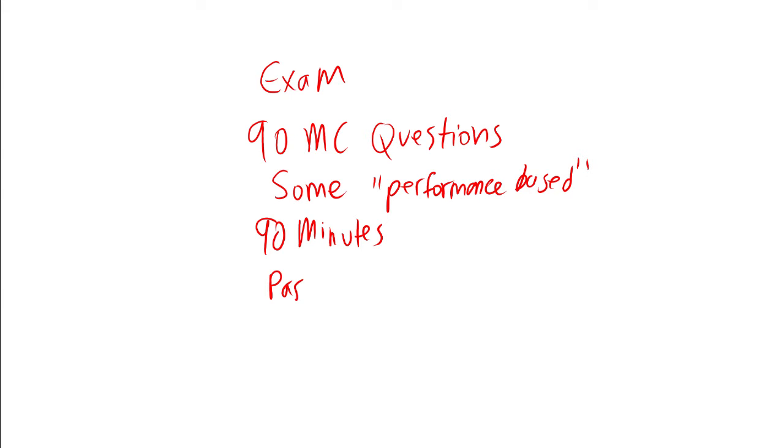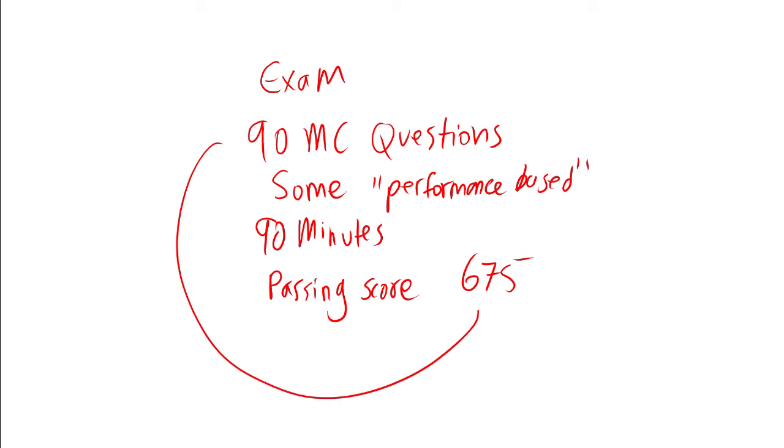Passing score unknown, but it's 675. So somehow the 90 is converted into a scale of 100 to 900. Nobody gets 0 somehow.